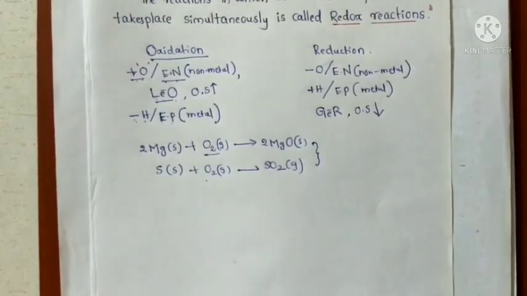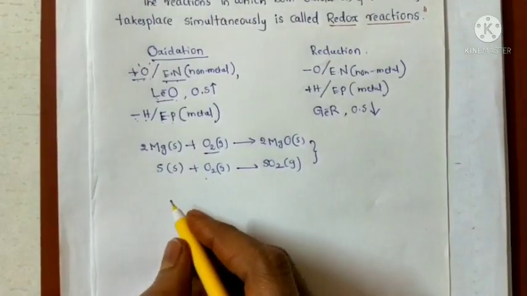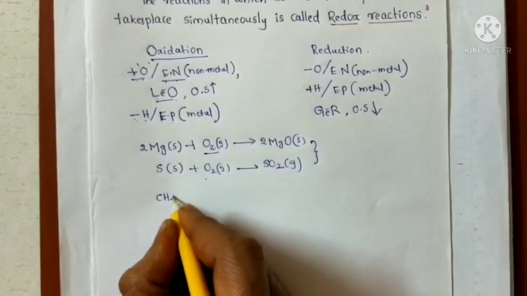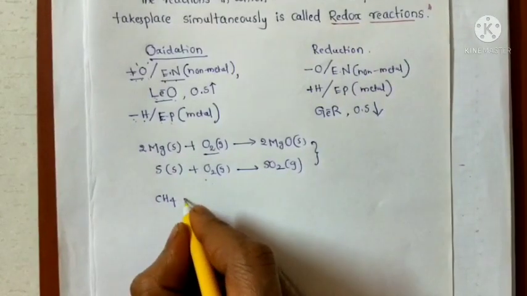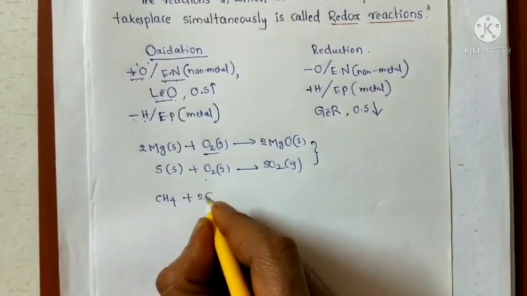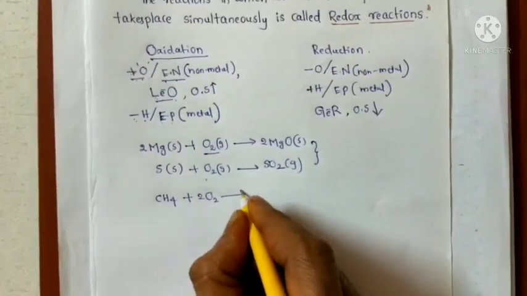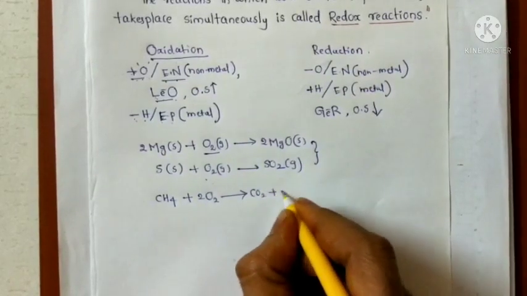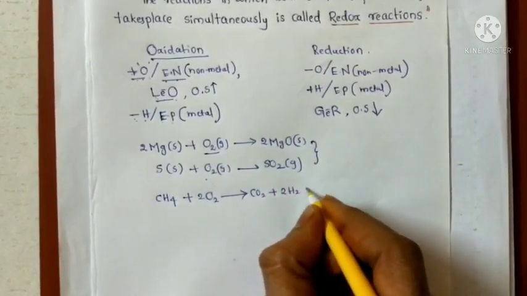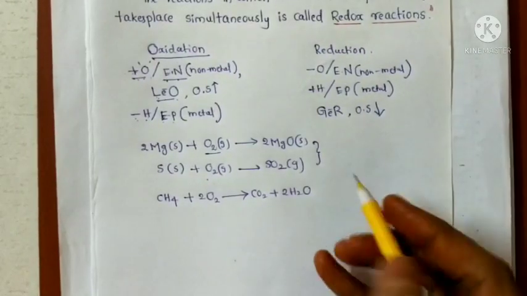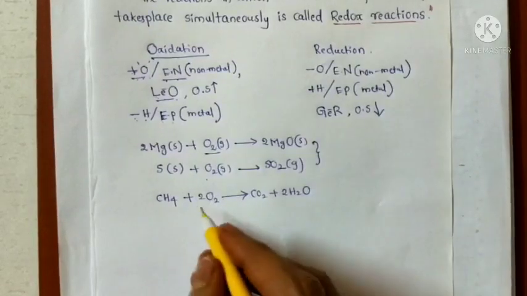Next, another example, the best example being the methane combustion reaction: CH4 reacts with 2 moles of oxygen to form carbon dioxide plus water, 2 moles of water produced.